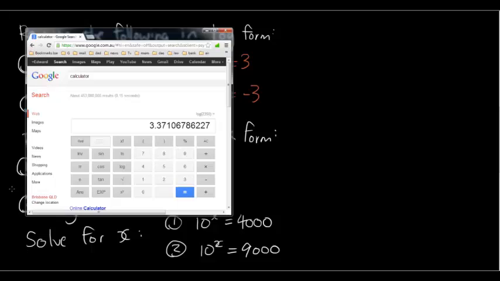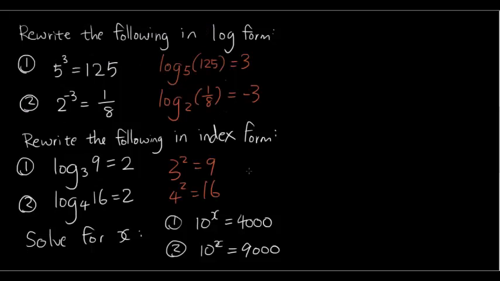So in the calculator, actually let's write out the logs first. So log base 10 of 4,000 equals x.